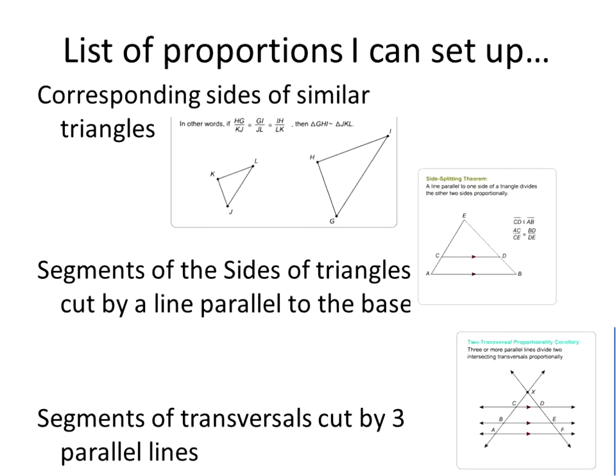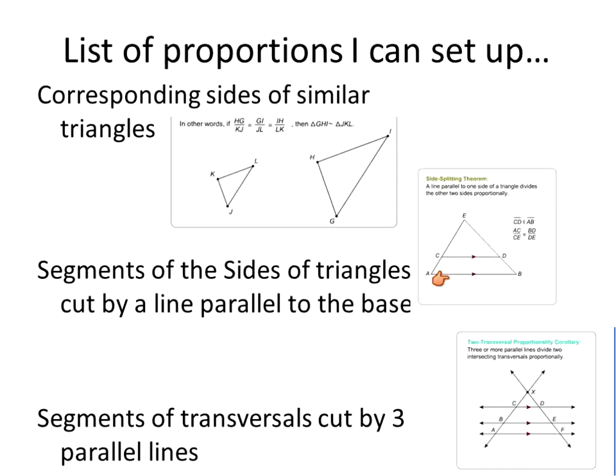Okay, moving on from there with similarity, we started setting up those proportions we talked about. And you can see here I have different proportions that I set up in the beginning of this unit. First of all, I started setting up corresponding parts or sides of the triangle. So we started getting into looking at a lot of these ratios in triangles. So we had the corresponding sides.